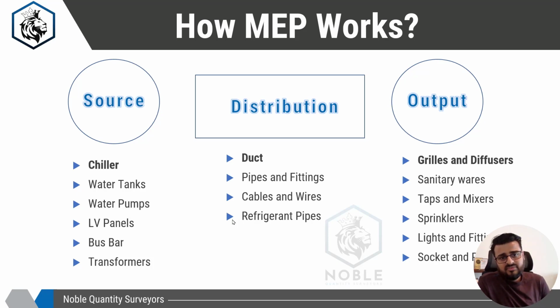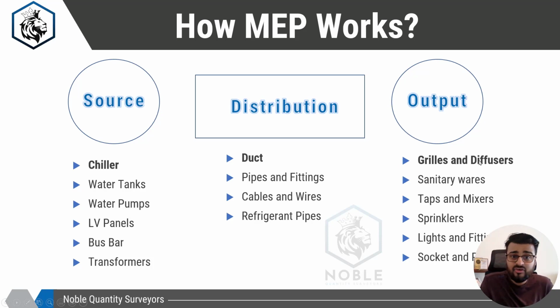If a chiller is generating chilled water, pipes and fittings will be the distribution works. If water pumps are the generation source, then pipes and fittings will be your distribution. The same goes for the LV panel and bus bar: if these are the sources, then cables and wires will be your distribution. This is how source and distribution work.